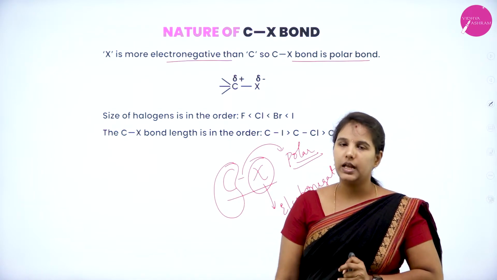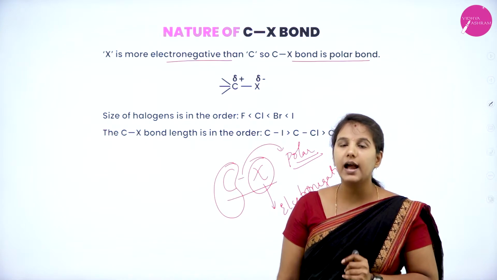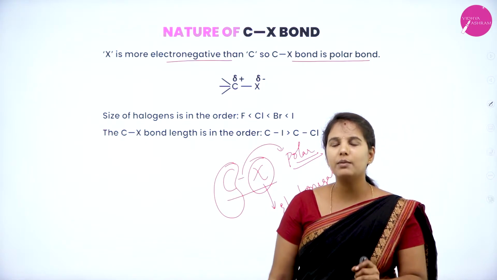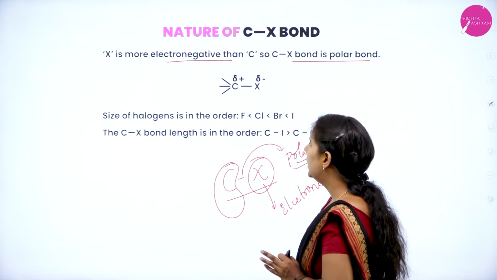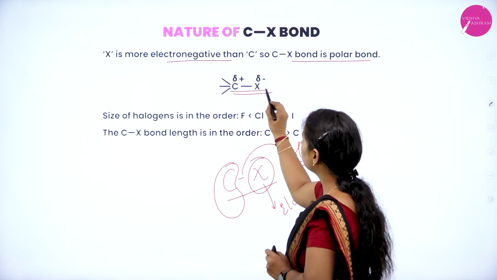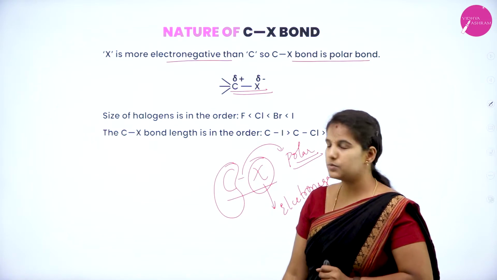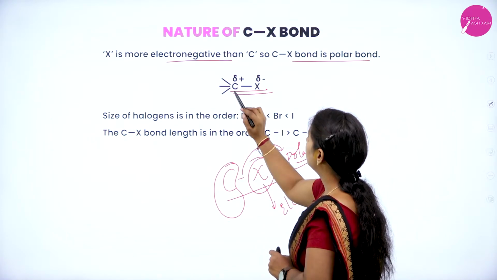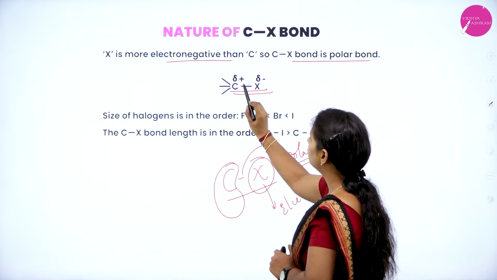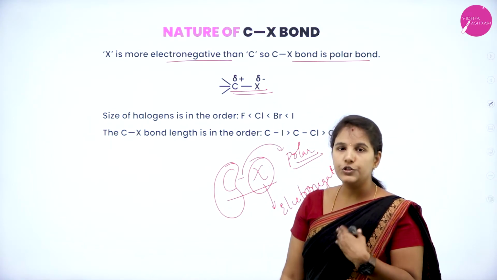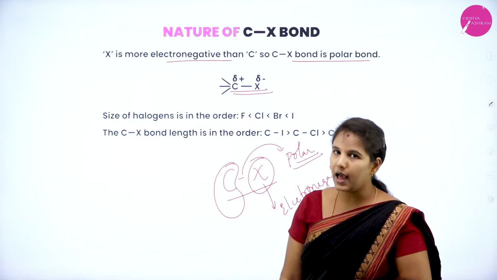So the haloalkanes and haloarenes, which form a carbon-halogen bond, are polar in nature. And you can see how it is known as a polar bond. We know that the carbon in these haloalkanes shares its electron towards the halogen.